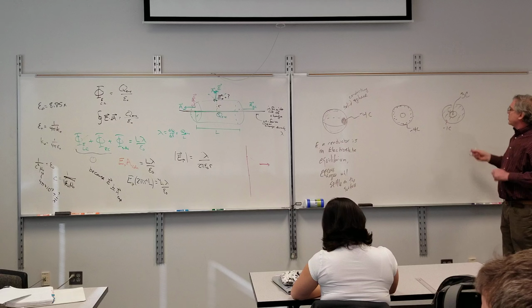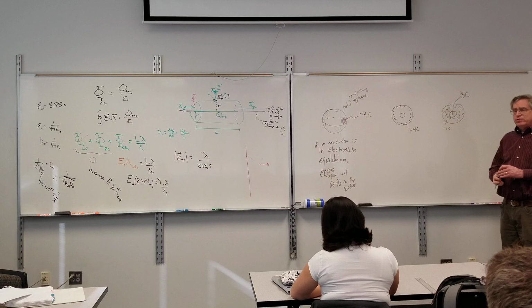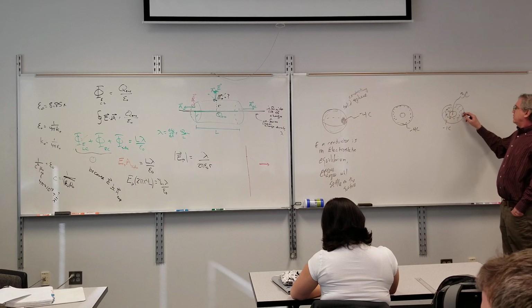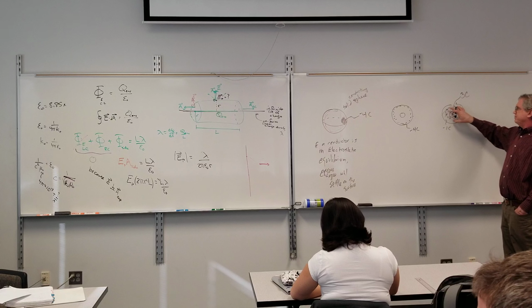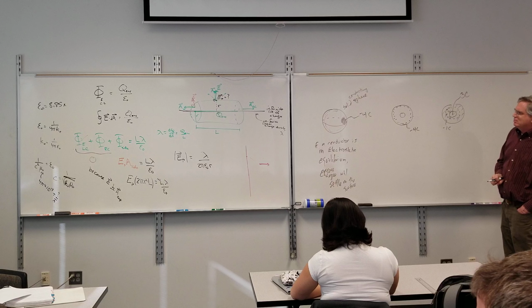Now let's show why that has to be, assuming Gauss's law is true. I'm going to create a Gaussian surface, a Gaussian sphere, where the radius is in the fleshy part of my thick-walled sphere.